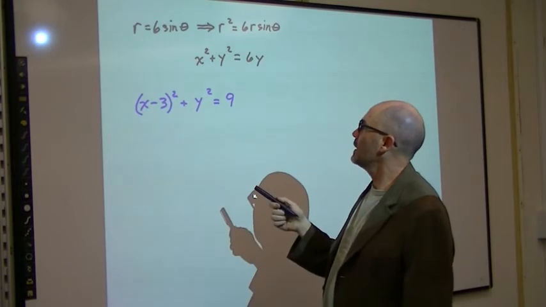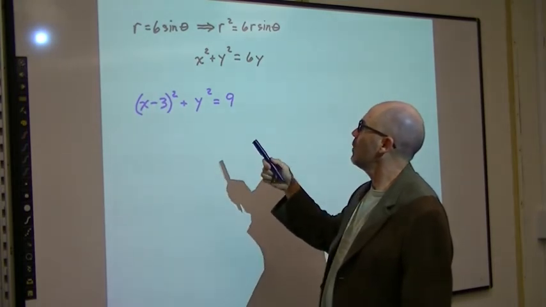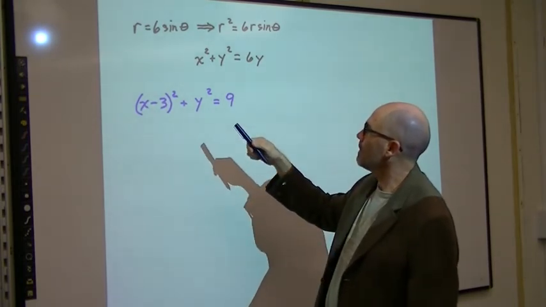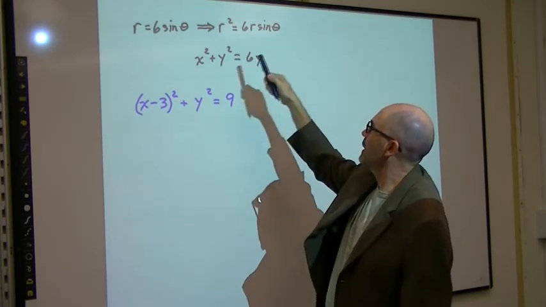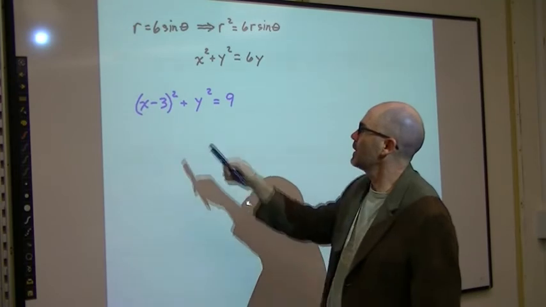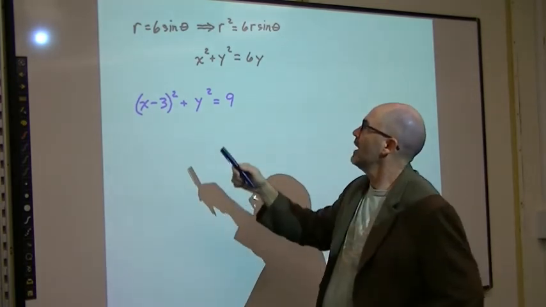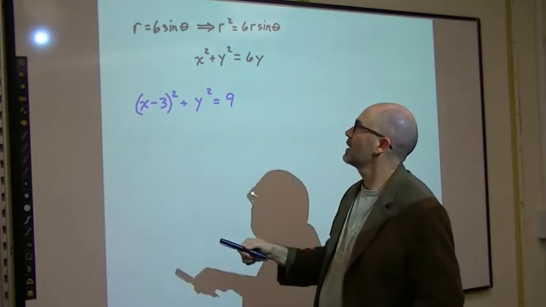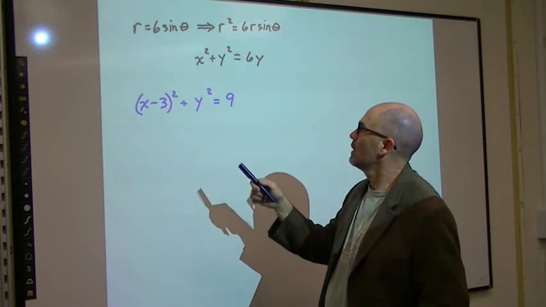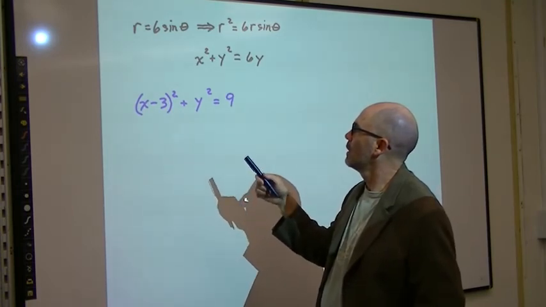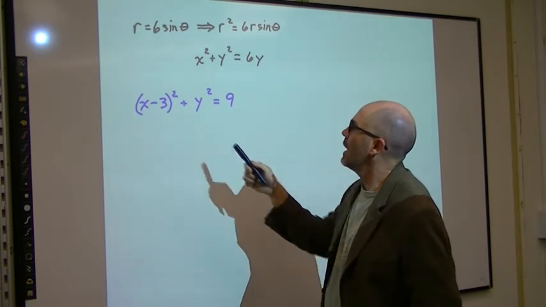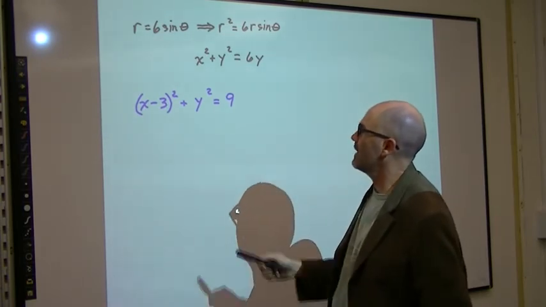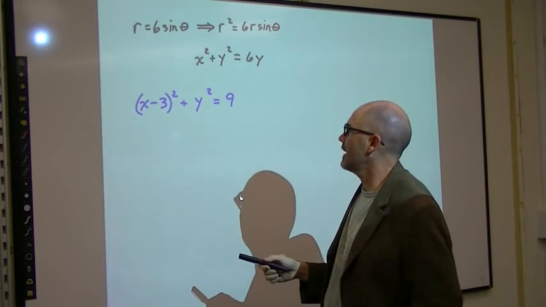So instead of saying r squared equals x squared plus y squared, I'm going to go the other way around and say x equals r cosine theta, y equals r sine theta.